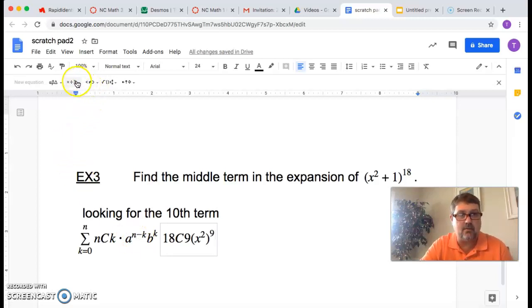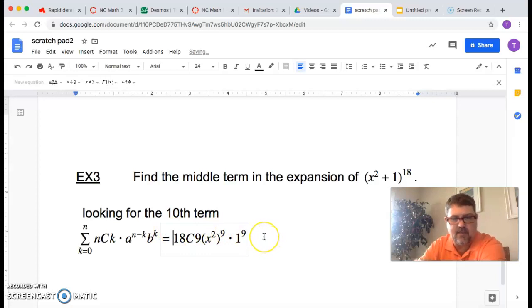And this, I'll write it in even though it's not going to have any consequence at all to this problem, 1, that's your b, raised to the 9 power, which is kind of silly to write, but we'll write it just to show how this thing works. And let's put an equal sign there.